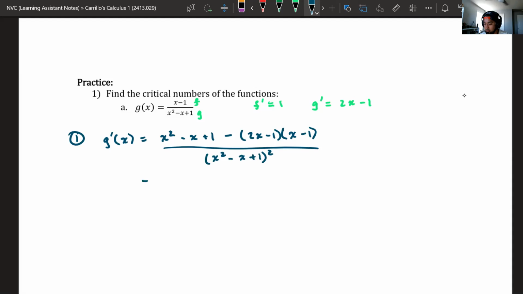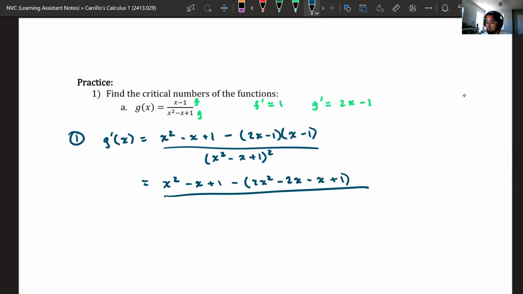Now we just clean this up a bit. My first set of terms aren't going to change, so we have x squared minus x plus 1 minus, and then I'm going to distribute these two factors. So we're going to have 2x squared minus 2x minus x plus 1, all divided by x squared minus x plus 1 squared.